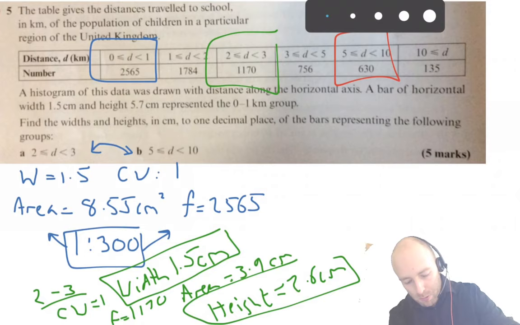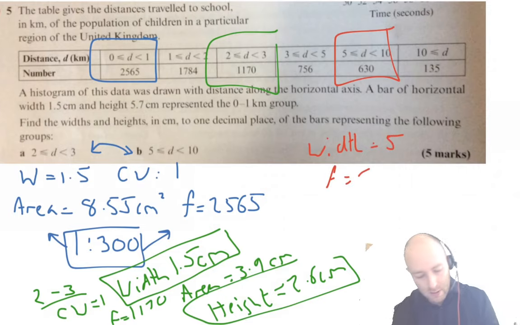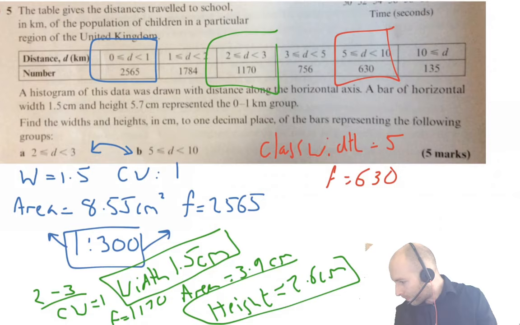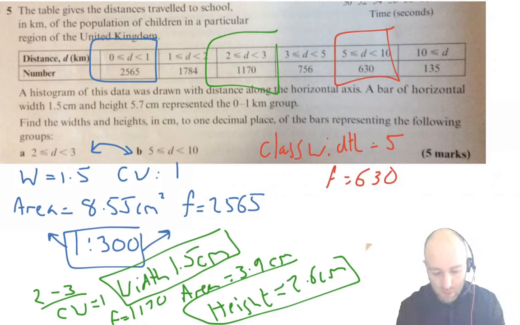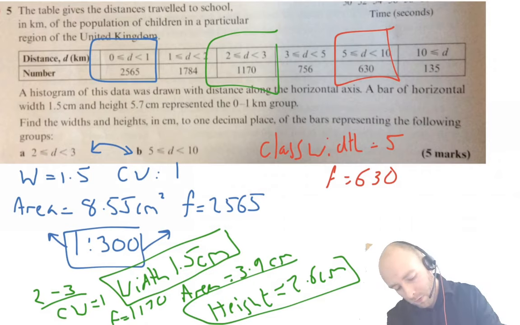Okay, now looking at the red one, so we got class width is 5 and a frequency is 630. Yeah, Billy, so far so good. So yeah, class width of 5 is going to be times that by 1.5. Gives me a histogram width of 7.5.